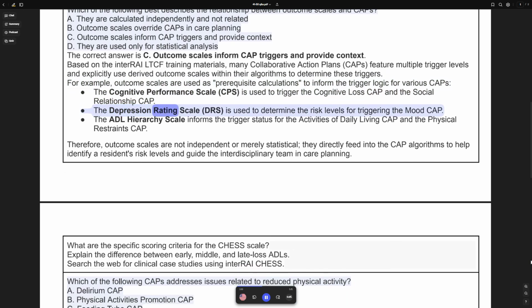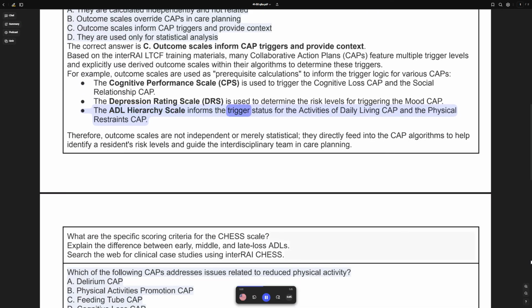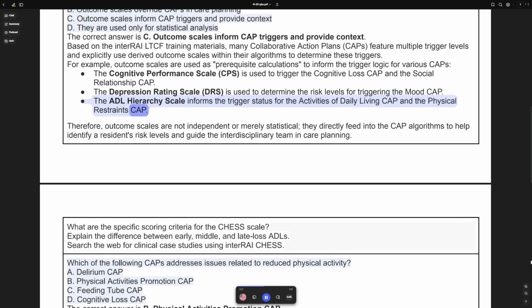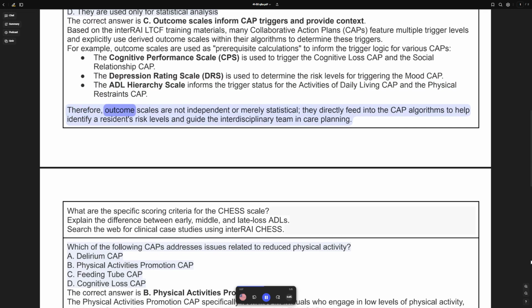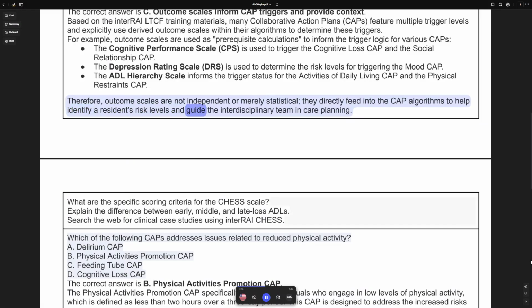The Depression Rating Scale, DRS, is used to determine the risk levels for triggering the mood CAP. The ADL hierarchy scale informs the trigger status for the activities of daily living CAP and the physical restraints CAP. Therefore, outcome scales are not independent or merely statistical, they directly feed into the CAP algorithms to help identify a resident's risk levels and guide the interdisciplinary team in care planning.